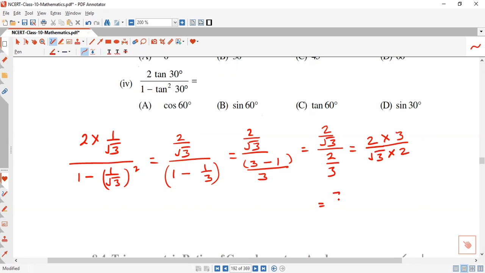We have 3 upon root 3. Rationalize the function. So we are getting 3 root 3 divided by 3. The 3 cancels out. We are getting root 3. This value is equal to what? Root 3 is the value of tan 60 degree. So tan 60 degree has a value root 3. So C is the right answer for this question.